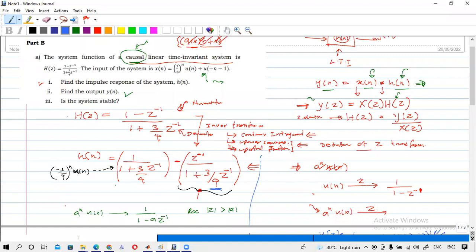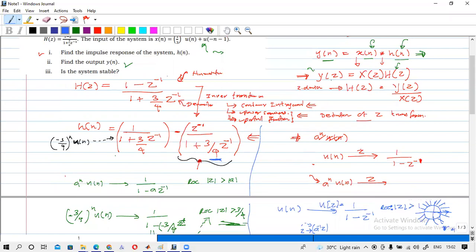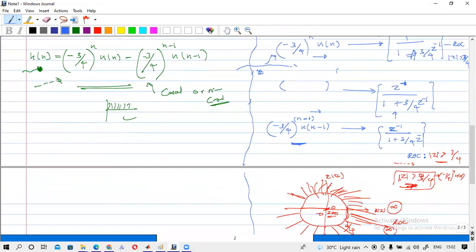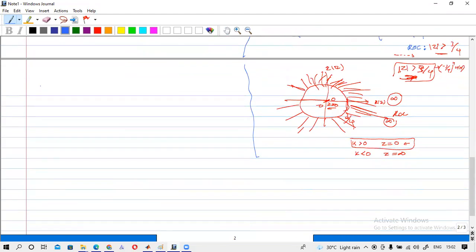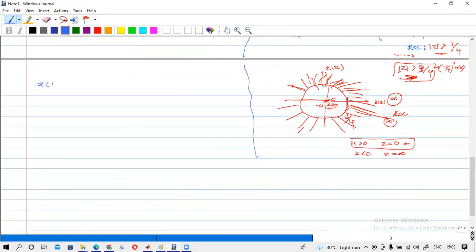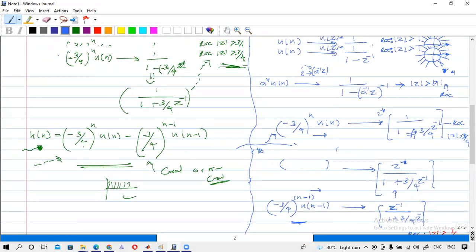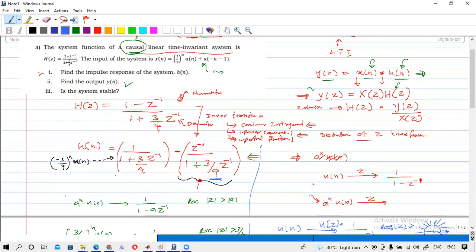Now I am going to find the xz. We have been given the xn. I think you have the idea why we are finding the xn.